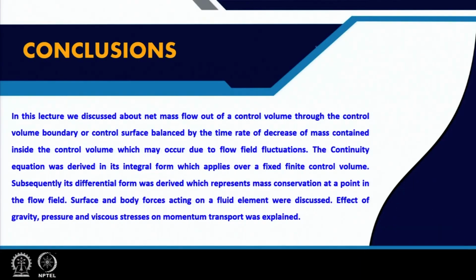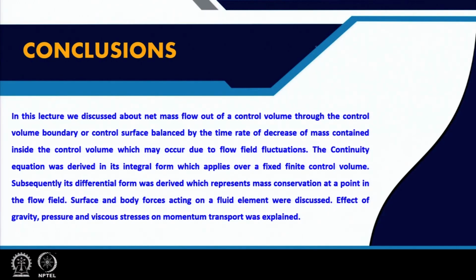So, we will conclude this lecture by saying that we discussed net mass flow out of a control volume through the control volume boundary or the control surface, balanced by the time rate of decrease of mass contained within the control volume, and the mass decrease or increase within the control volume occurs because of flow field fluctuations as a function of time.